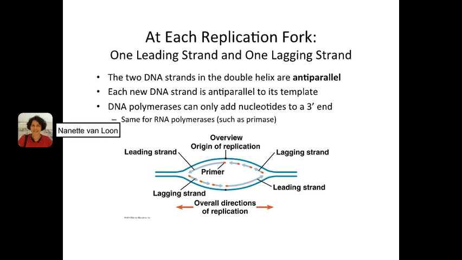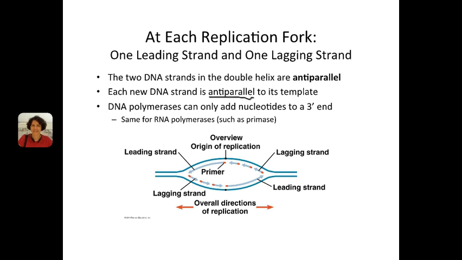We mentioned earlier that the 2 strands in each double helix are anti-parallel to each other, so they're facing in opposite directions. That also means that each new growing strand is going to be anti-parallel to its template strand.